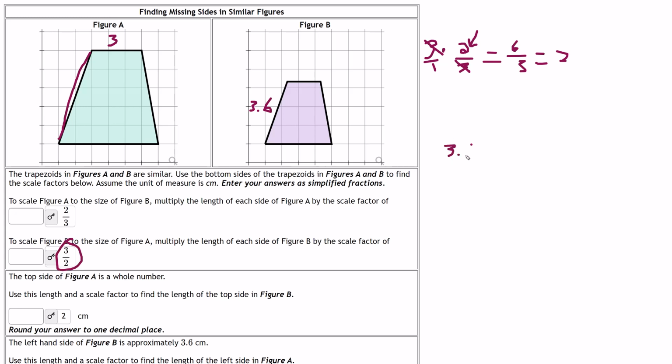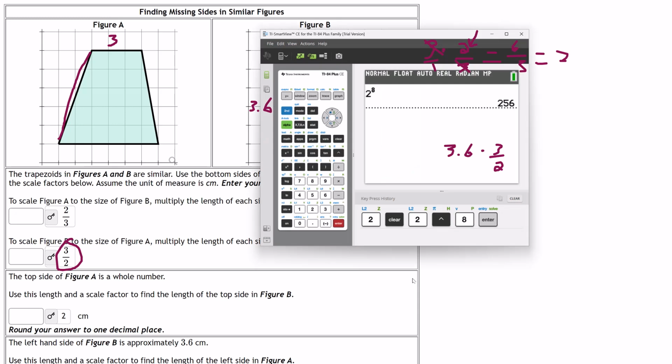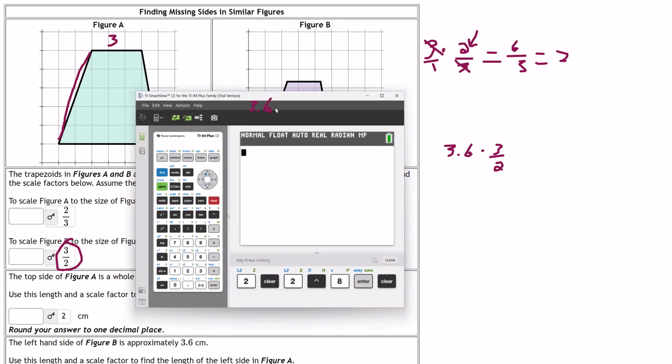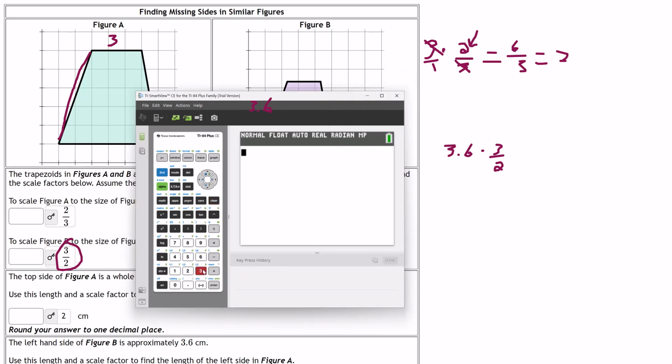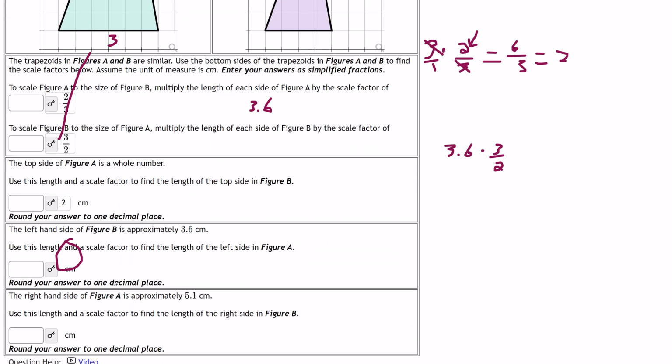So we'll do 3.6 times 3 over 2. In this case, I would probably just put that in my calculator. So 3.6 times, and 3 over 2 really means 3 divided by 2. So 5.4.